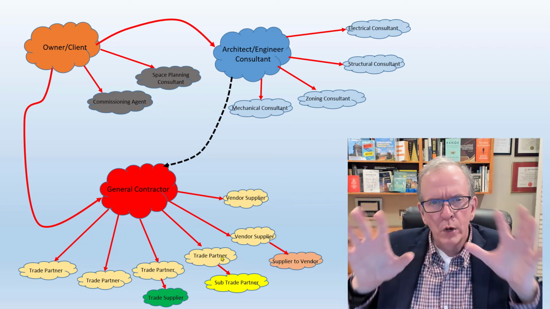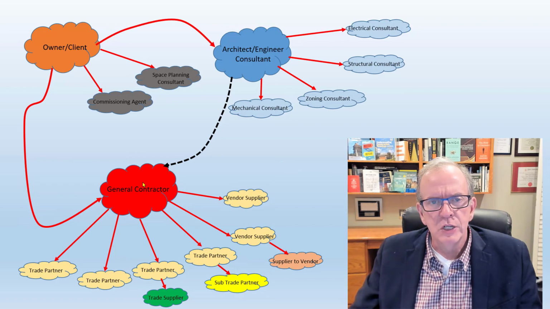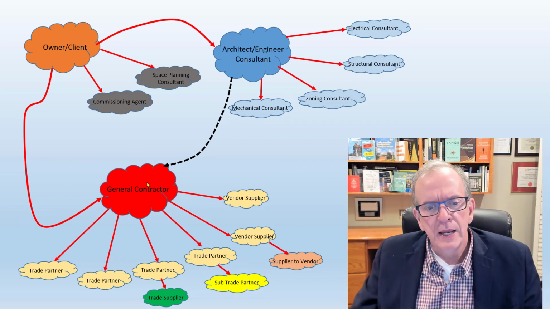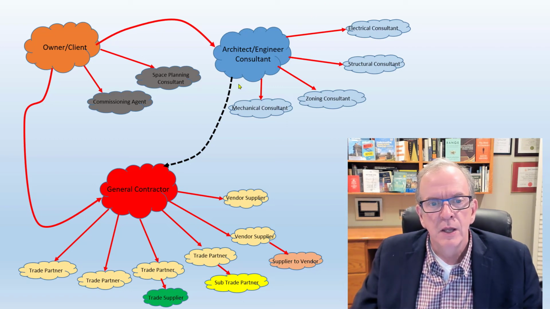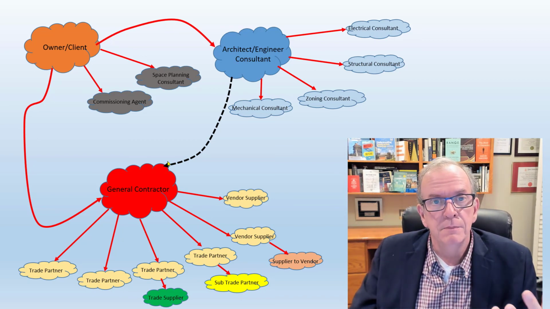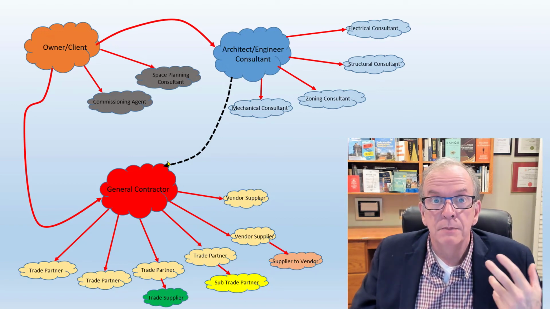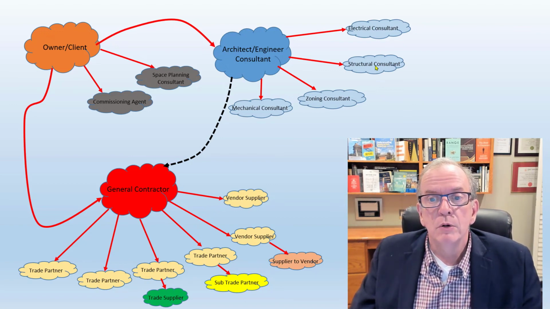So there's an array that needs to be coordinated, and that's of course the role of the GC, is to coordinate all of these trade partners under this umbrella. It's the role of the architect and consultant to find who is a suitable GC to be able to do the work in a bidding process when we're talking about traditional design bid build. And they will require a number of their own consultants.